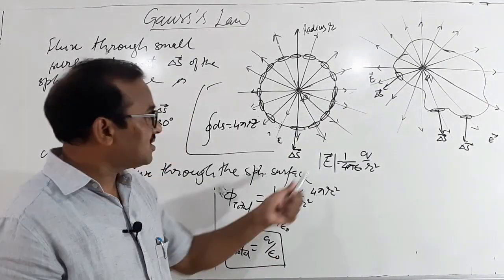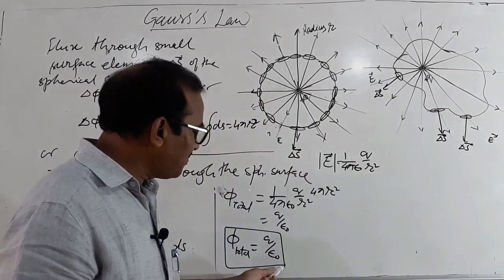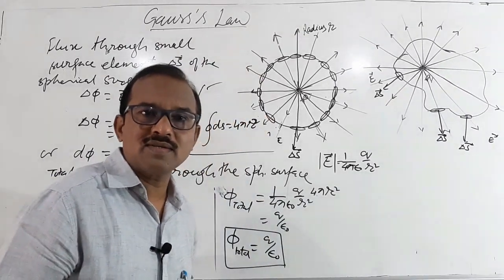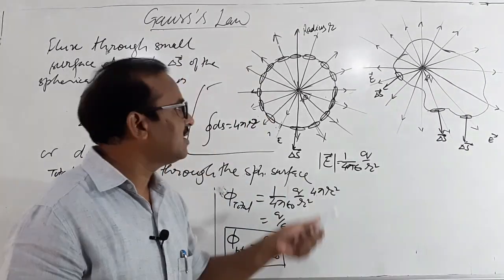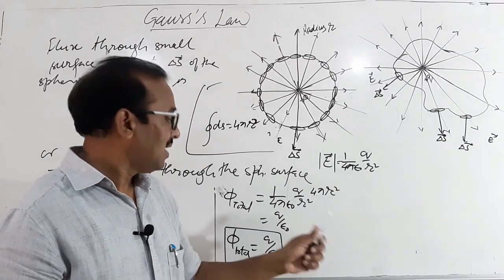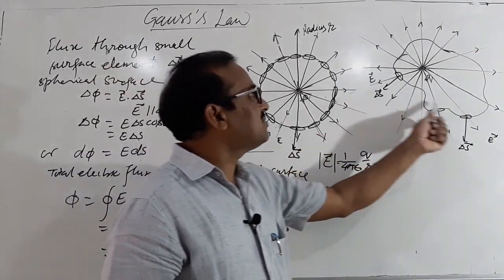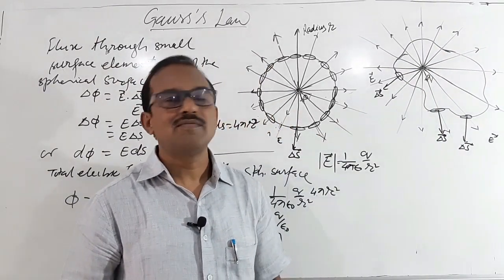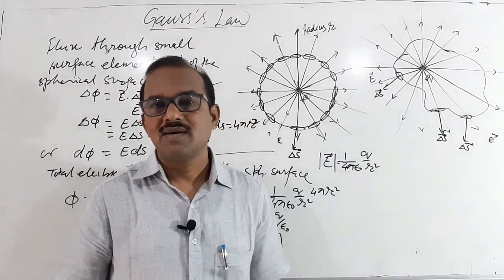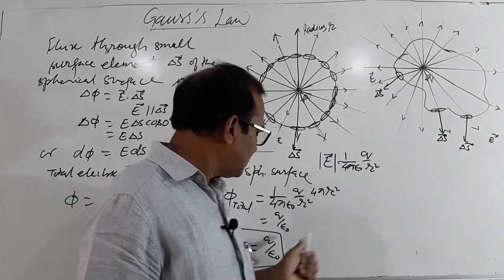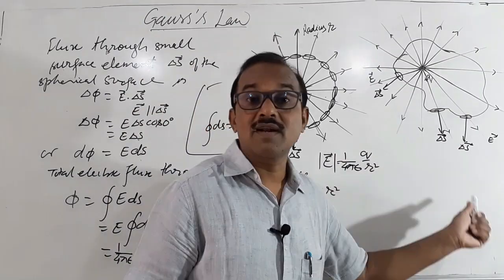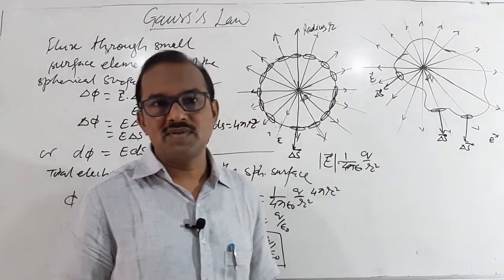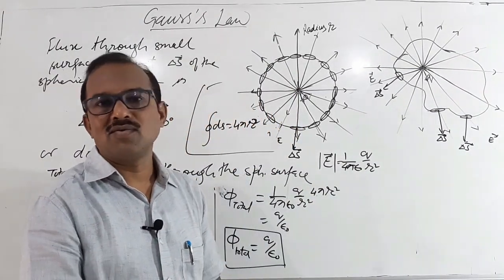But the same flux will be there in this case too. We have obtained this result with the help of a spherical surface, but the same flux will be there in the case of an irregular surface which encloses the same charge. So this result is generalized to all closed surfaces enclosing some charge.